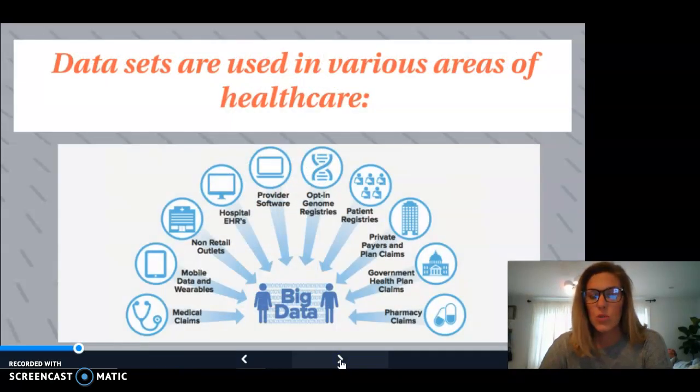Data sets are used in various areas of healthcare. A few examples listed here are patient registries, provider software, hospital EHRs, mobile and wearable data sets, medical claims, and government healthcare plans.